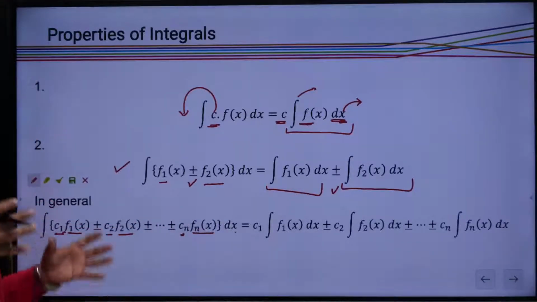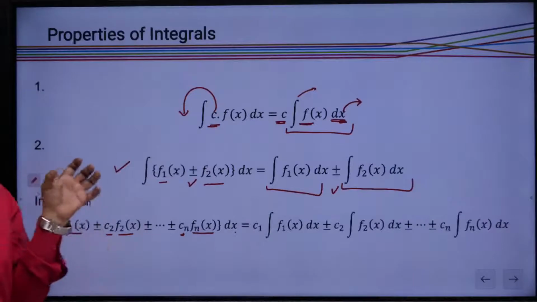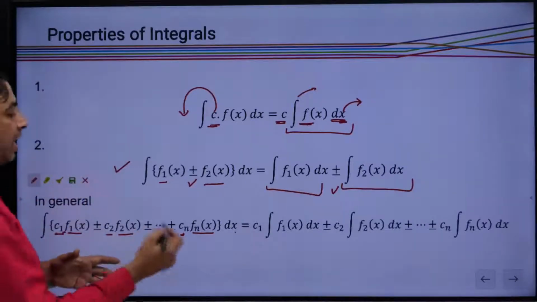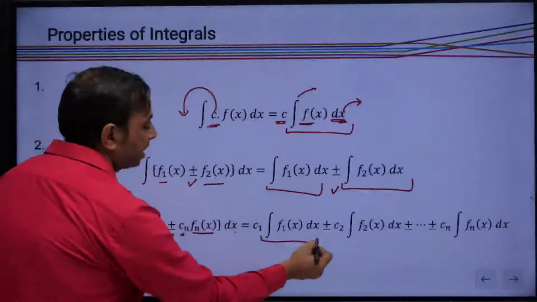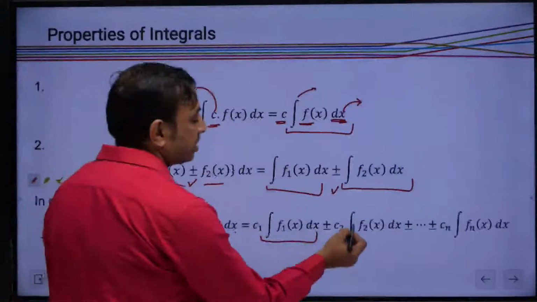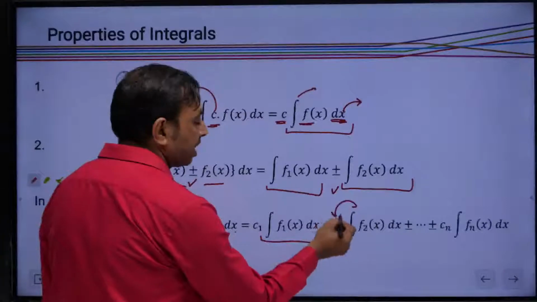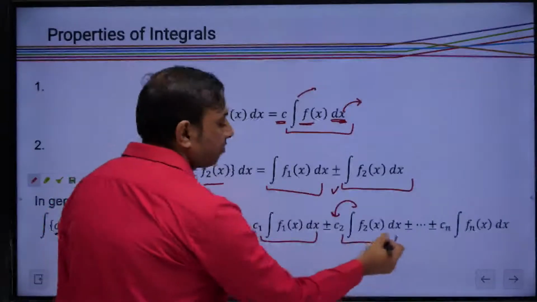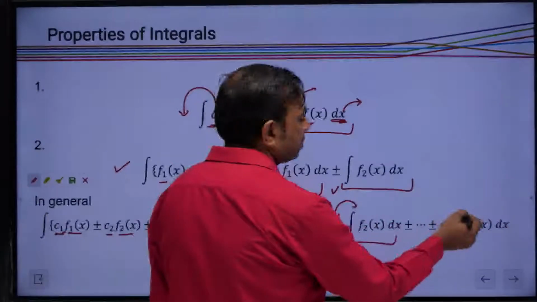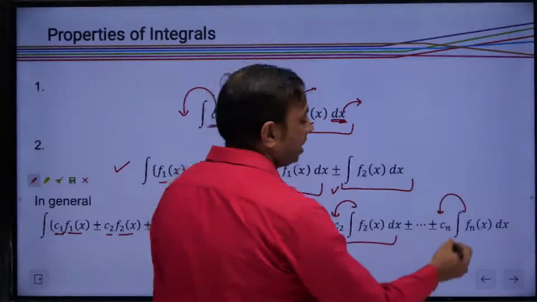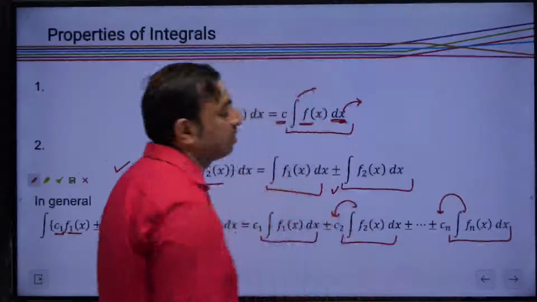So what I can do is break this integration into a sum of smaller integrations. The constant is out for the first function and we can integrate the function, then plus or minus, the constant is out for the second function and we can integrate f2 with respect to x, and similarly for the last function, the constant comes from inside to outside and I need to integrate fn(x).